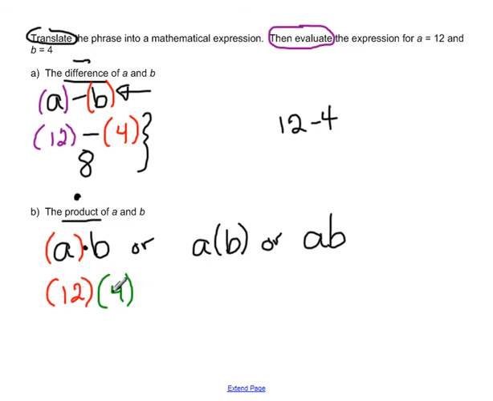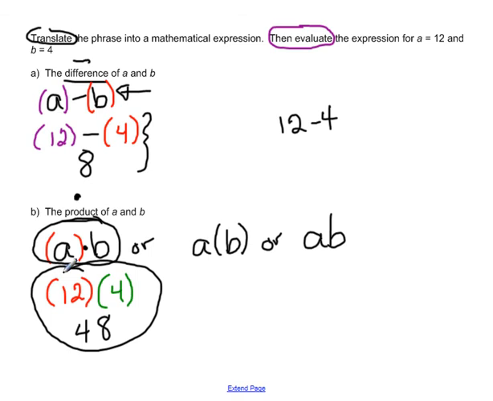So 12 times 4 would give me a final simplified answer of 48. So remember, we basically have two answers to this part. Here's the answer to the translate question, and here's the answer to the evaluate question. We want to be sure we have both pieces in place when we respond to the question, because that's what the directions asked us to do.